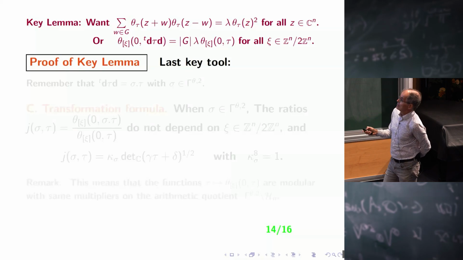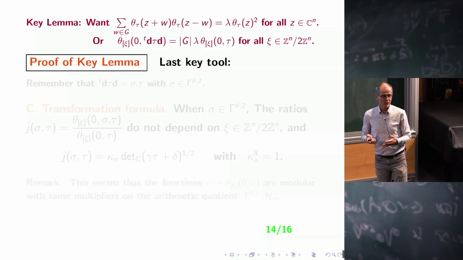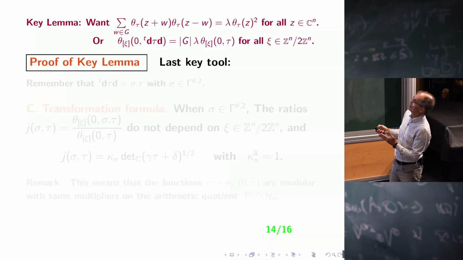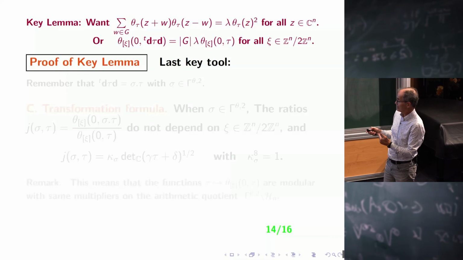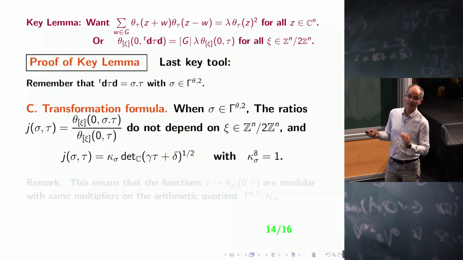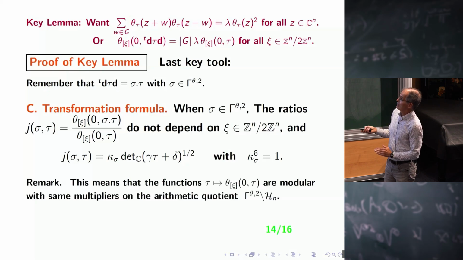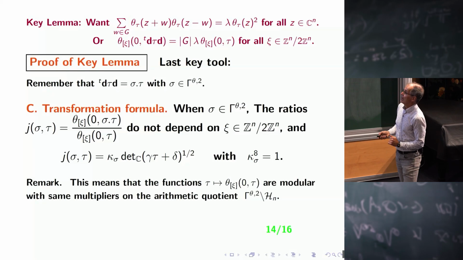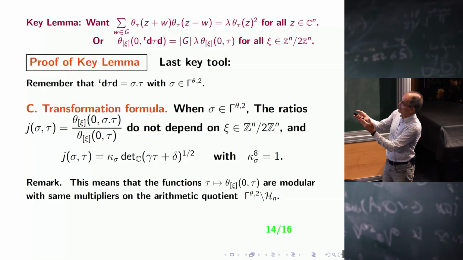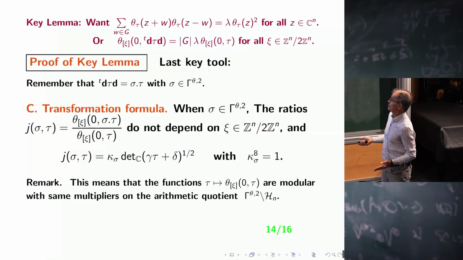I open my textbook, and I have a transformation formula, which tells me that the way the functions theta xi transform does not depend on xi. They are sections of the same line bundle, and the multiplier is this determinant. So I think this ends the proof.